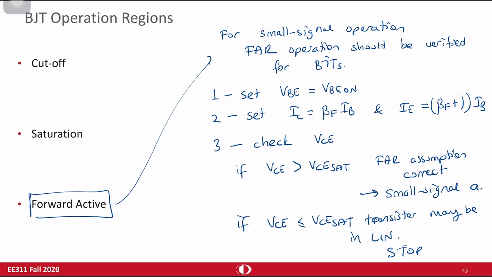You cannot talk about small signal anymore. You should stop there. Either you are going to change the operation point such that your transistor is in forward active, or you are going to say that this is not an amplifier. I cannot find small signal parameters.